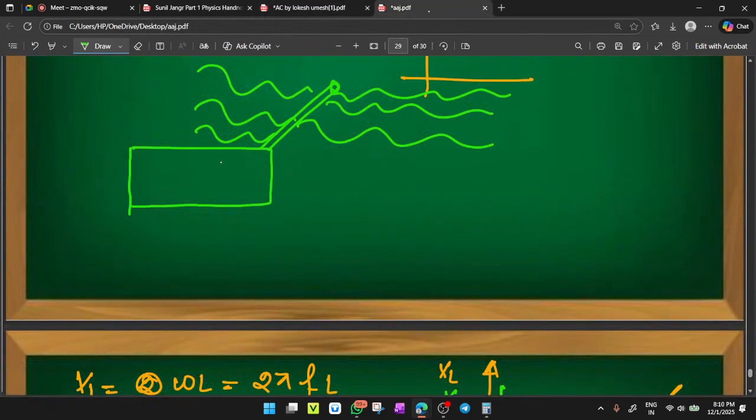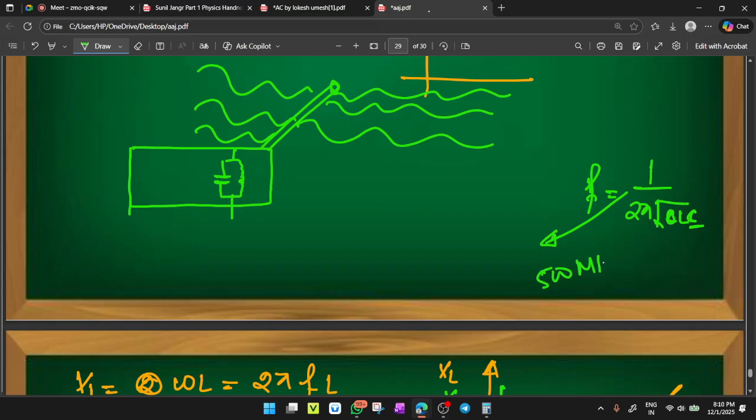In this TV receiver or radio receiver, you have a circuit here. This is called a tank circuit, and you adjust it by varying the plates of the capacitor, because the formula for frequency is 1 upon 2 pi under root LC. So with a particular value of capacitor, you have adjusted the frequency. Suppose it is 500 megahertz.